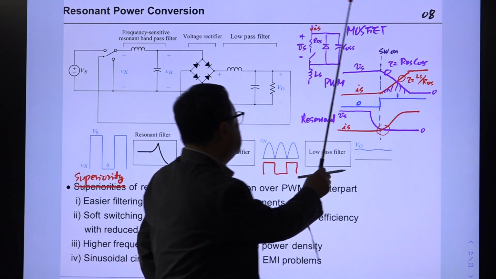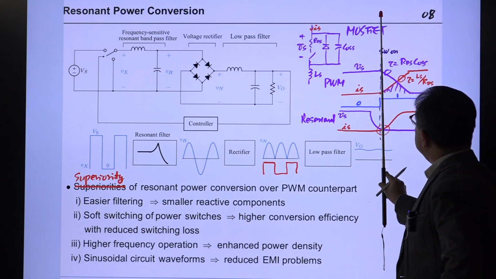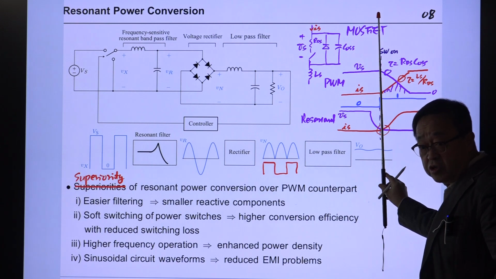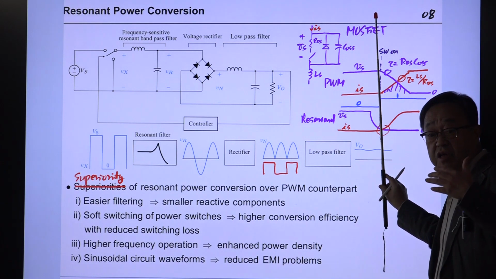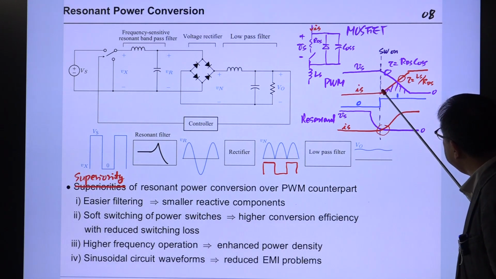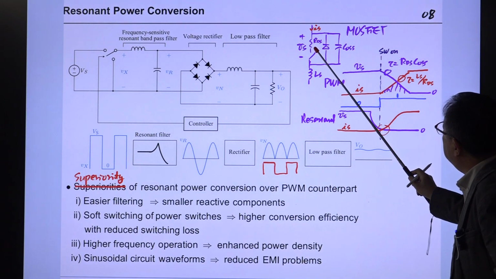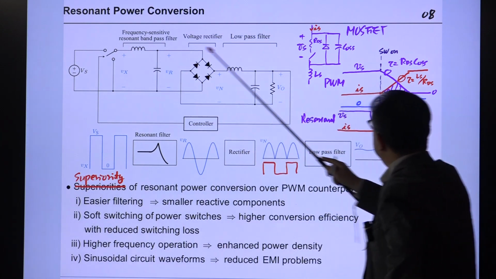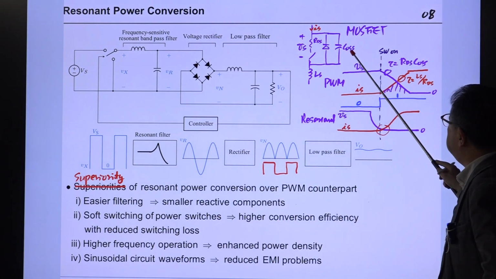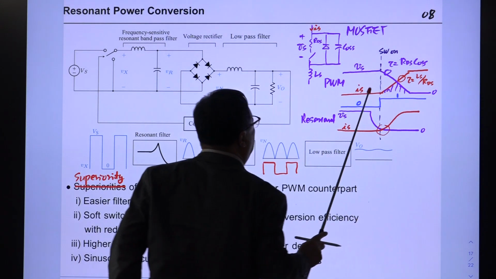The switch is turned off before this line, and at this point the switch is turned on, the channel is created, with the gate voltage higher than the threshold voltage. Before turning on, the switch is off, so this huge voltage Vs is charged across this COSS. That is shown here, and the current through this switch is 0.